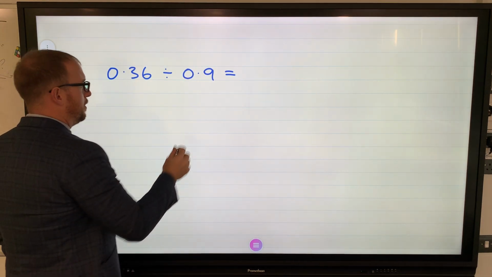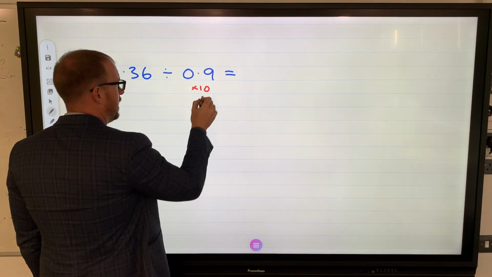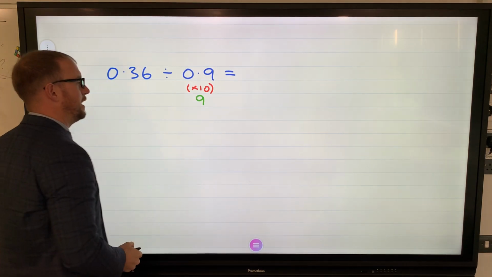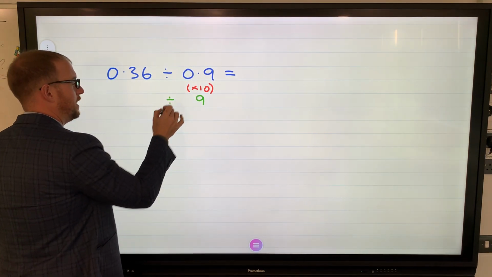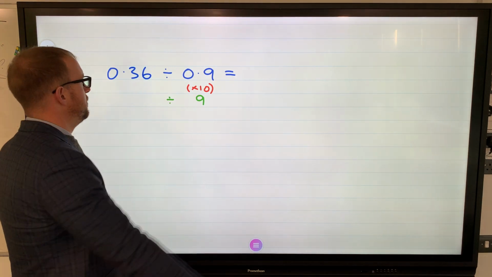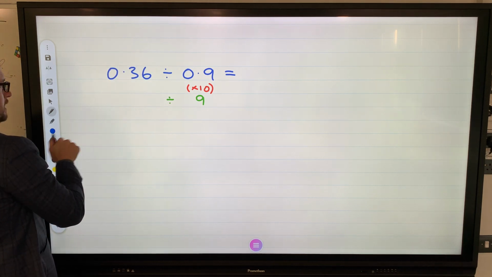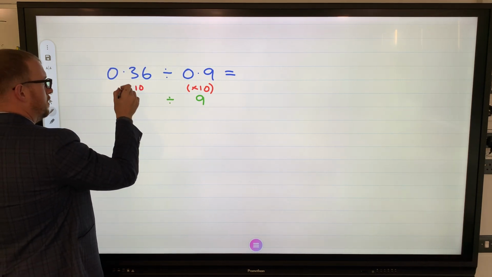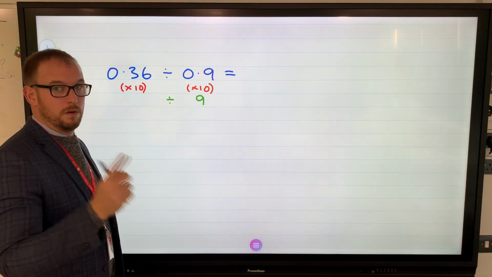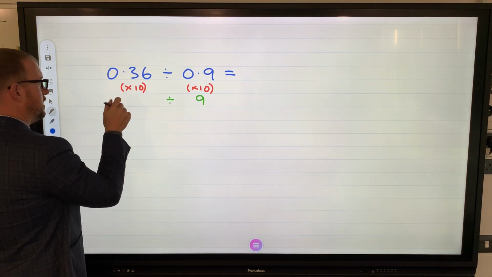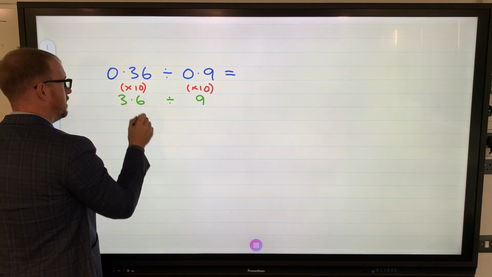To make this a whole number, I need to times it by 10. And by timesing it by 10, that then makes that number 9, which is nice and easy. We can divide things by 9. However, if I've made this 10 times bigger, I've got to make this 10 times bigger, because that way, my answer will be the same. So 0.36 times 10 would be 3.6.